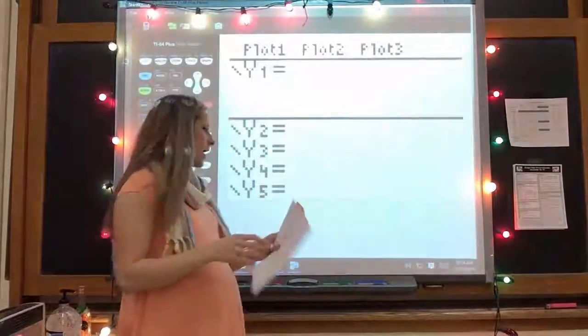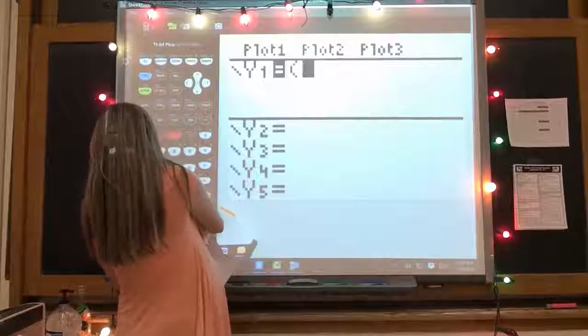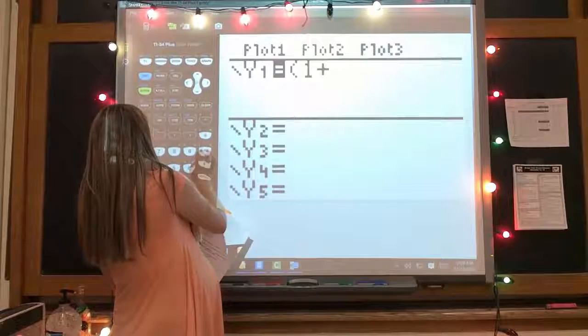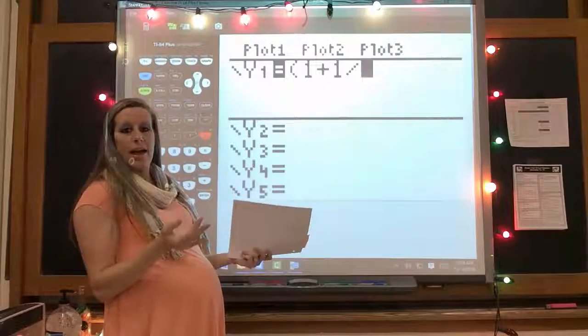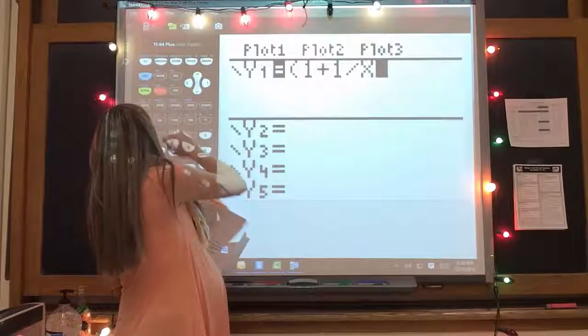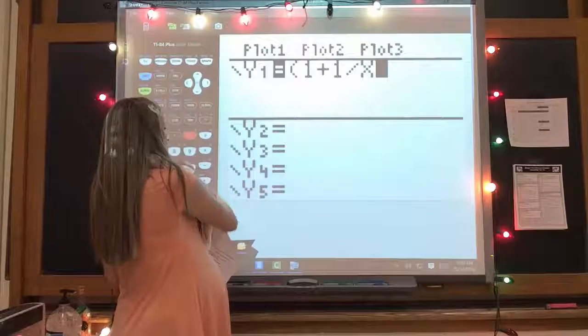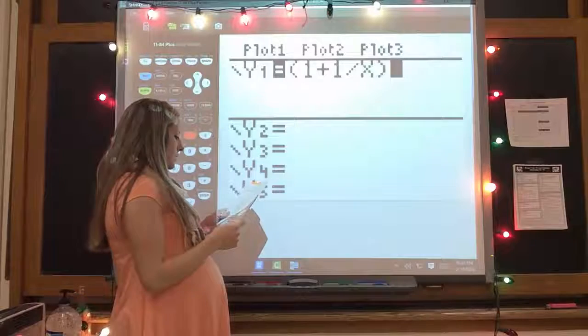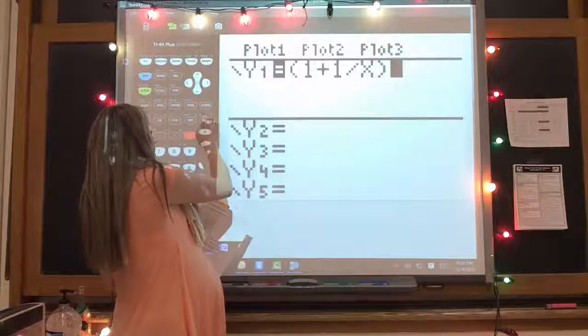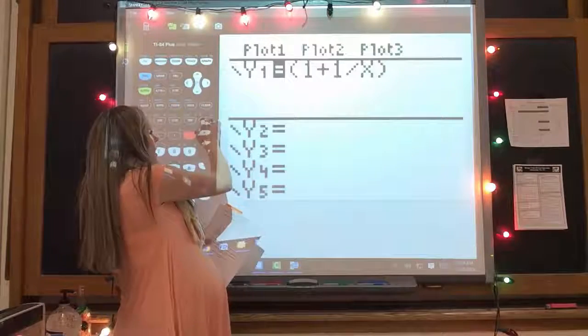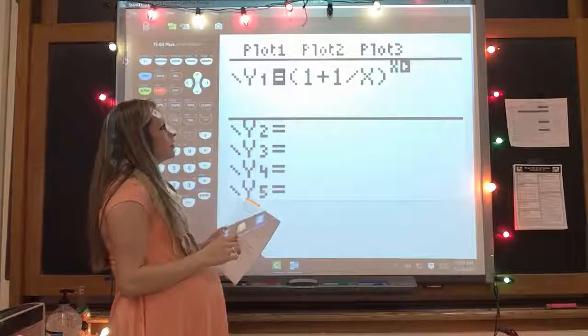So we have parentheses 1 plus 1 divided by n, or x. N and x are the same thing, they're variables. Close parentheses, and then to the n power, so caret x.